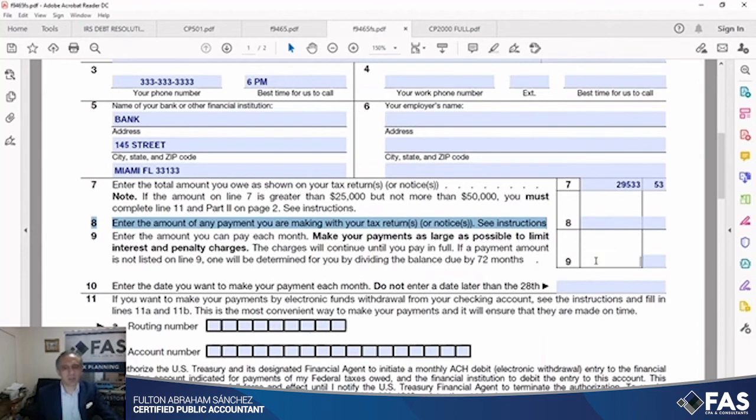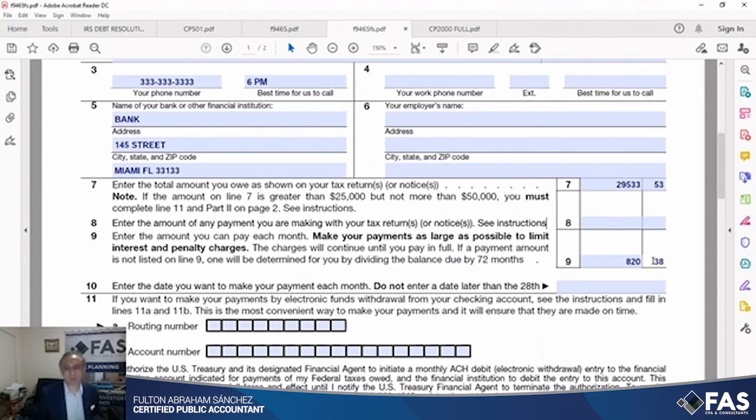And line number 9, we're going to divide that by 36, because it's a larger amount. 29,533.53 divided by 36 is $820 and 38 cents.